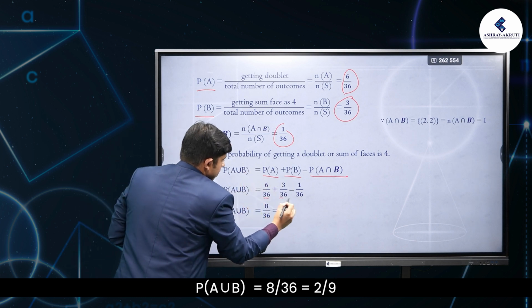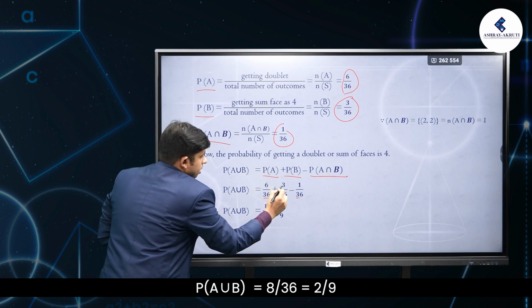By simplifying, we get P of A union B is equal to 2 by 9.